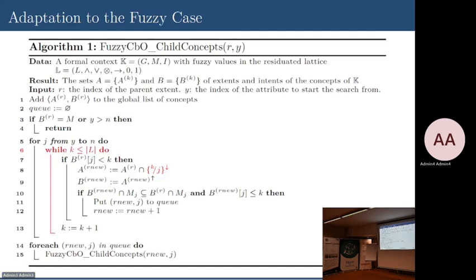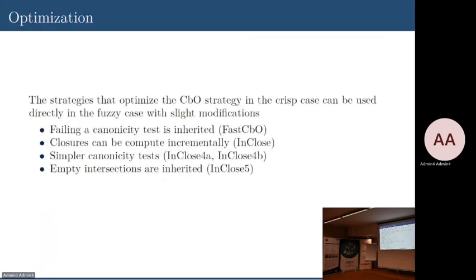And we don't intersect with the intent of attributes, but with the extent of each attribute and each truth value. So with this little difference, we have defined a native fuzzy CbO algorithm. The rest of the improvements can be done exactly the same as in the crisp case with slight modifications, but they are very natural.